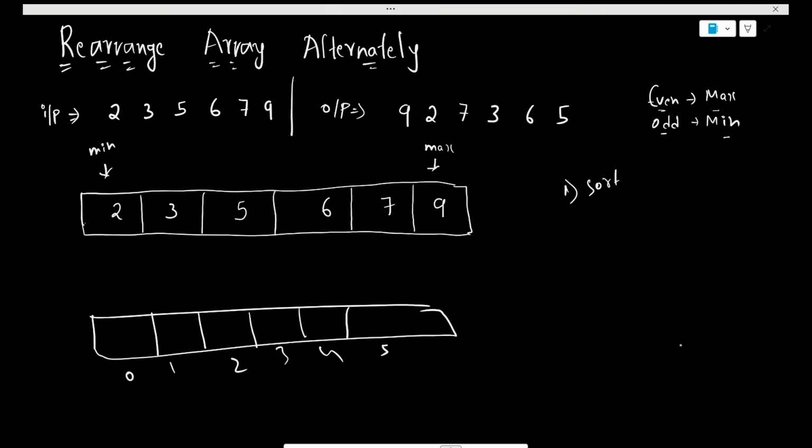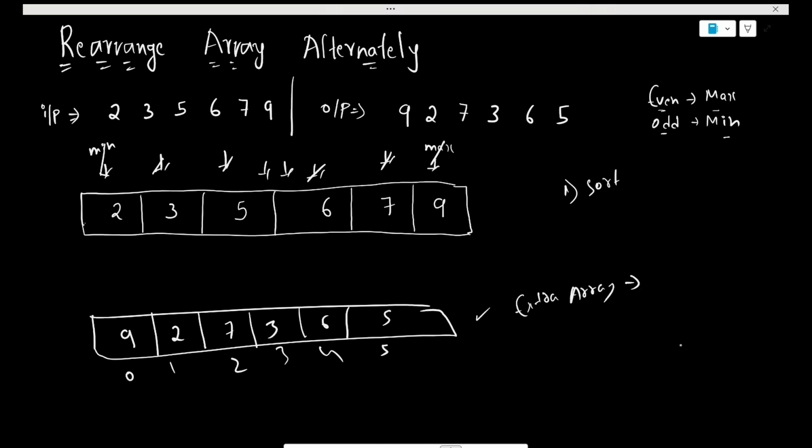So first even index, 9, so max is updated, and after that odd index, minimum, so 2 here, so min also updated. After that 7, max updated, and 3, min updated, and after that 6, max updated, and 5, min updated. Completed. Like this, it's very easy in the normal approach, but we are using an extra array.